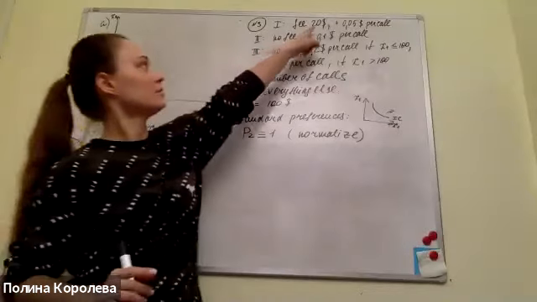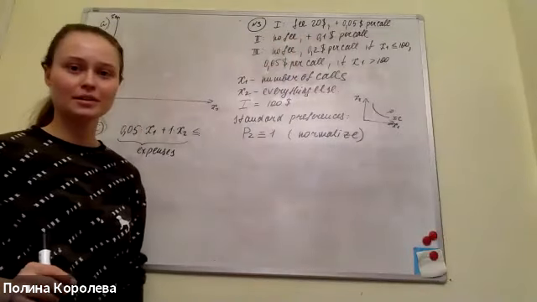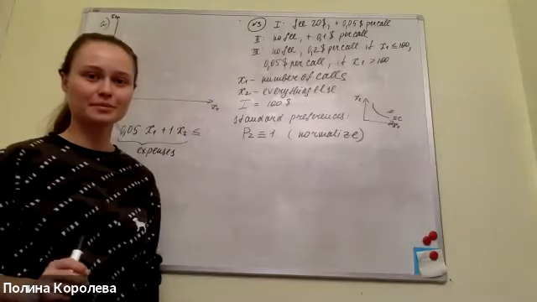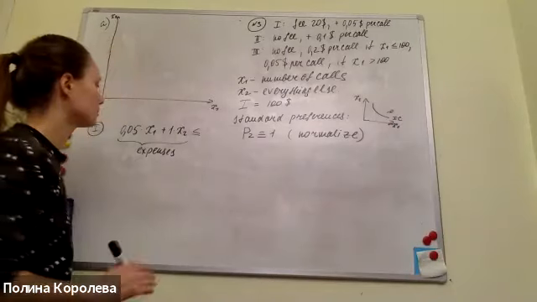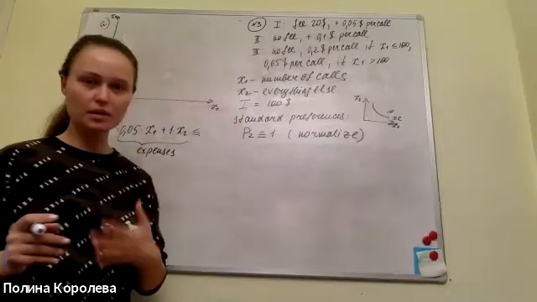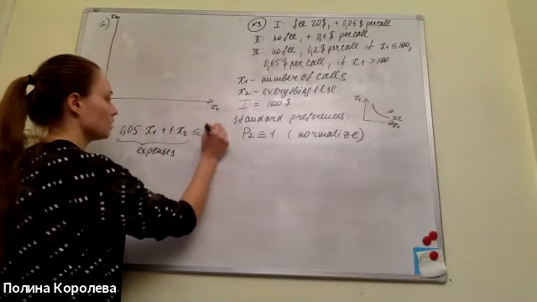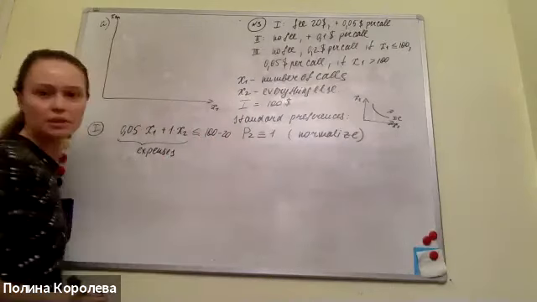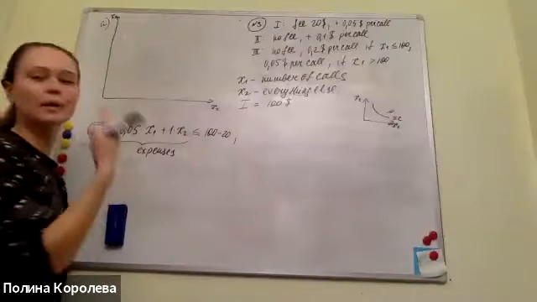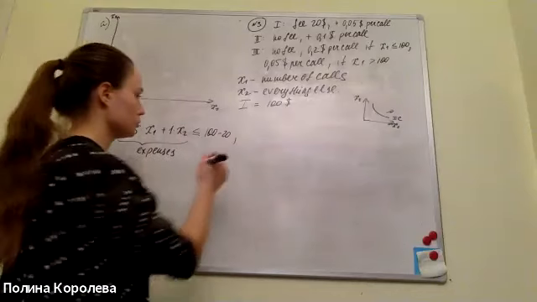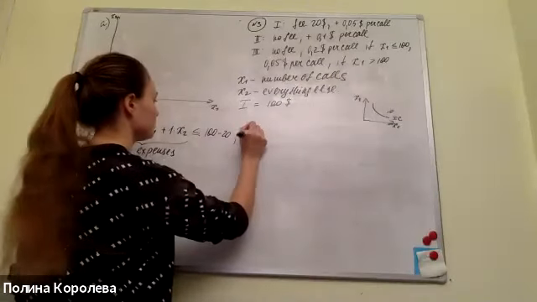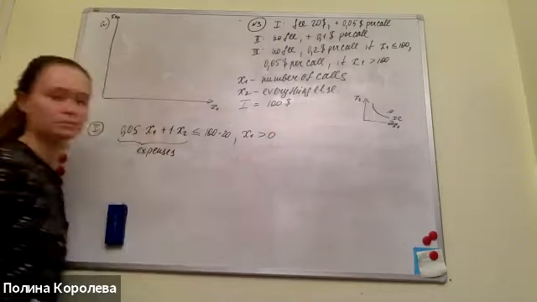We have the fee also. We should pay this fee. So here our income is 100 minus this fee, 20. And this is true only if we make calls, so only if x1 is greater than 0.